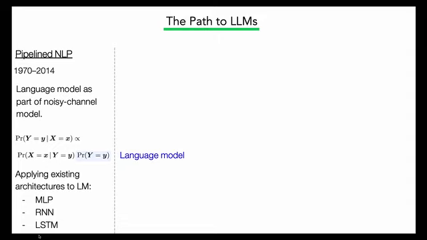Okay, so to go again very briefly through the history of the field, between, say, 1970 and 2014, a long stretch of time, people were not typically interested in these kinds of models as tools in their own right. It was typical to have some larger pipeline system, an automatic speech recognition system or a machine translation system that was generating a bunch of candidate outputs, and what you wanted to do with a language model was just re-rank those outputs to say, of all of the possible transcriptions of this sentence that I just heard, is it more plausible that a person said they wanted to recognize speech or wreck a nice beach?